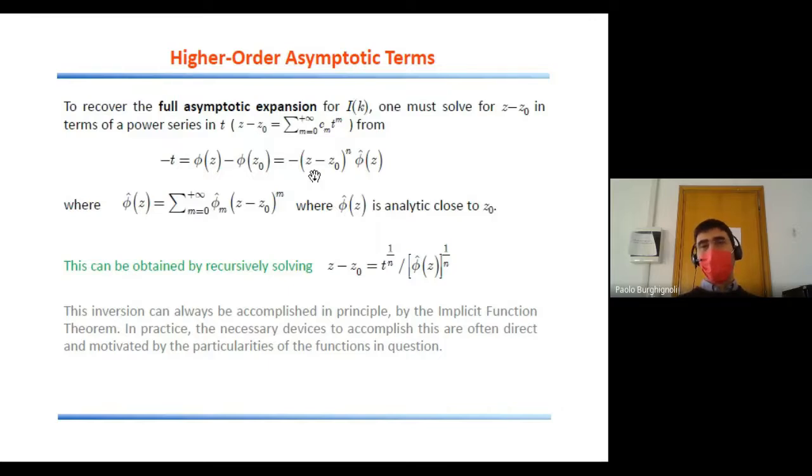So this is a way to explicitly enforce that we have an nth order zero for the difference phi of z minus phi of z0. That is, we have a saddle point of the given order.